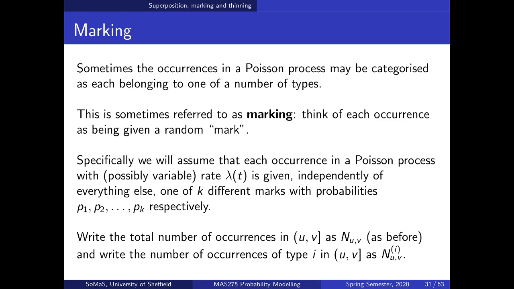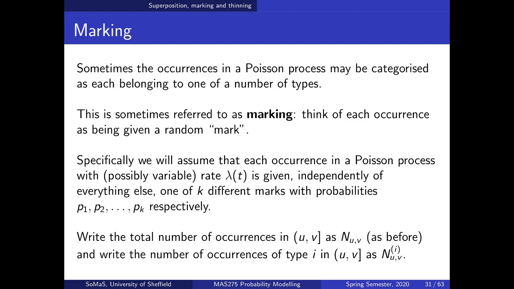So we're given a Poisson process, its rate is lambda of t, and we're going to say that any occurrence, when it happens, is given a mark which is a number from 1 to k, independently of everything else, with probability p1, p2, and so on, pk.